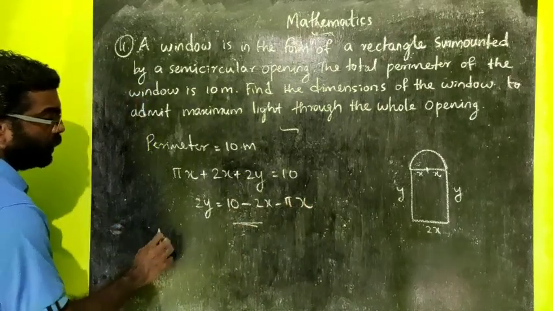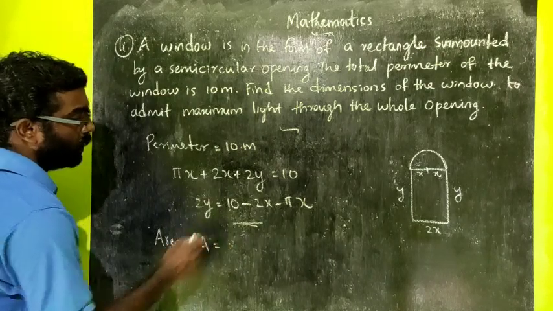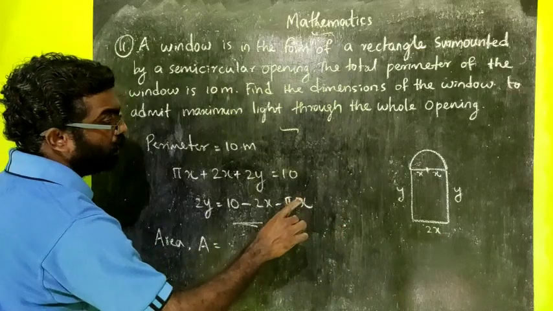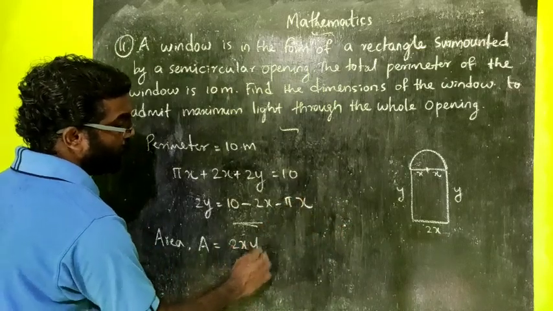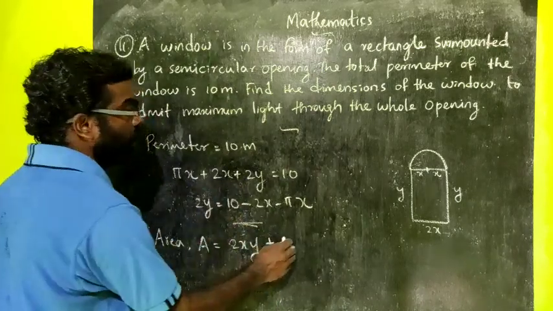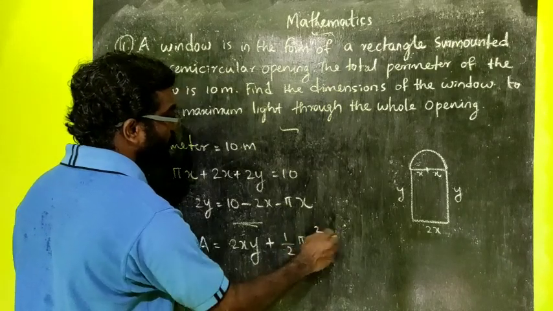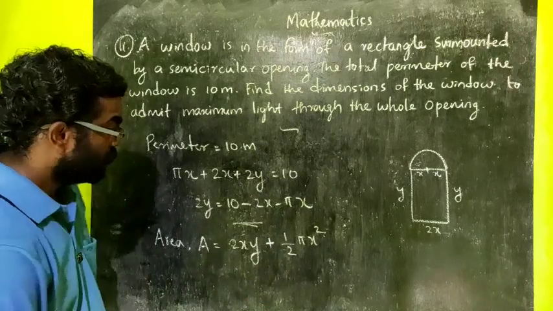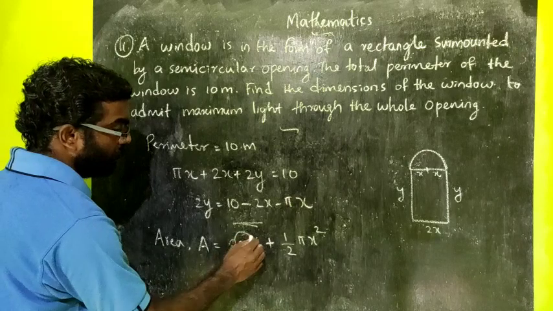Now we can find the area of the window. Area, capital A, is equal to the area of the rectangle, that is length into breadth, 2x into y, plus the area of the semicircle, half pi r square, here half pi x square. The radius is x. Now we can replace the value of 2y.